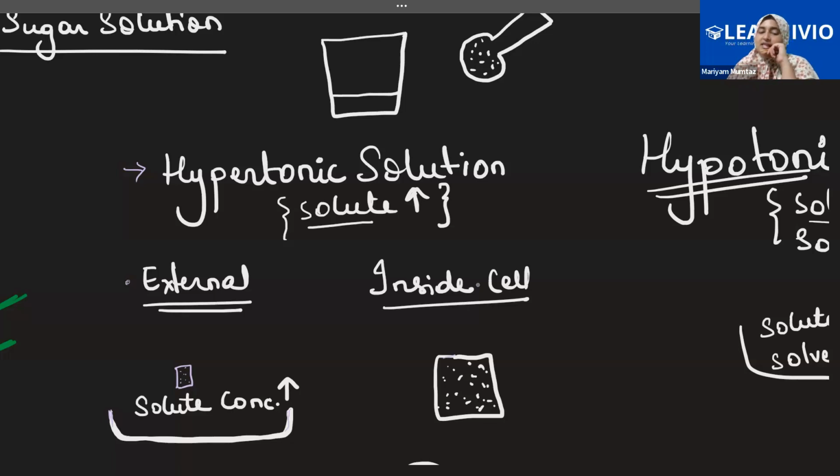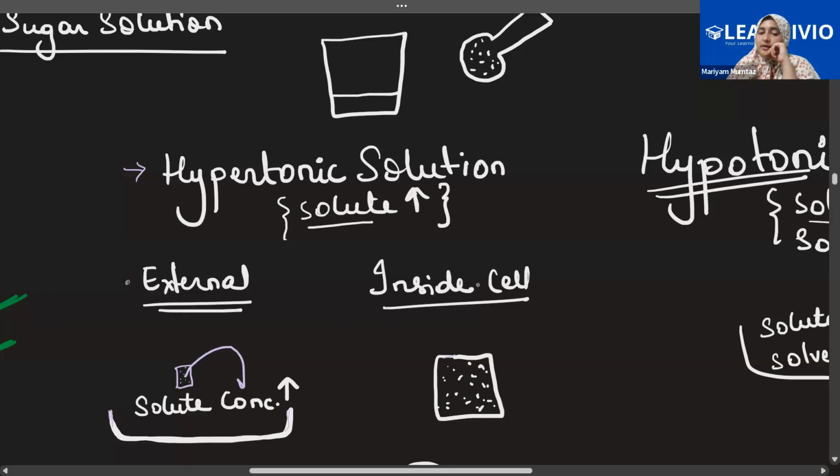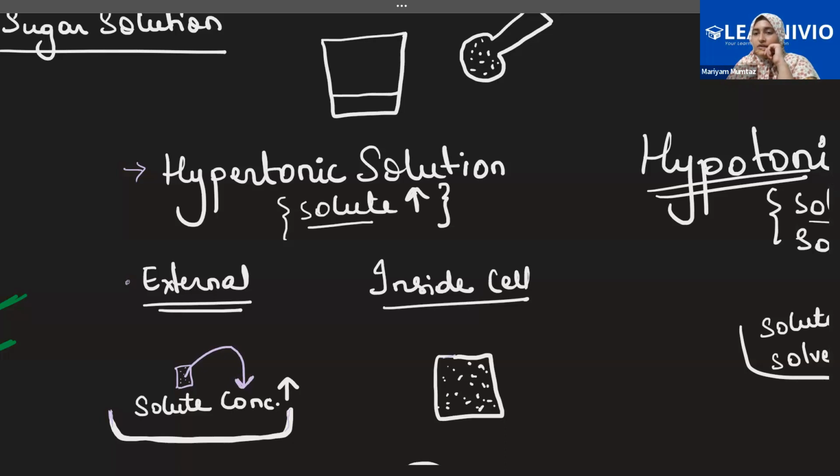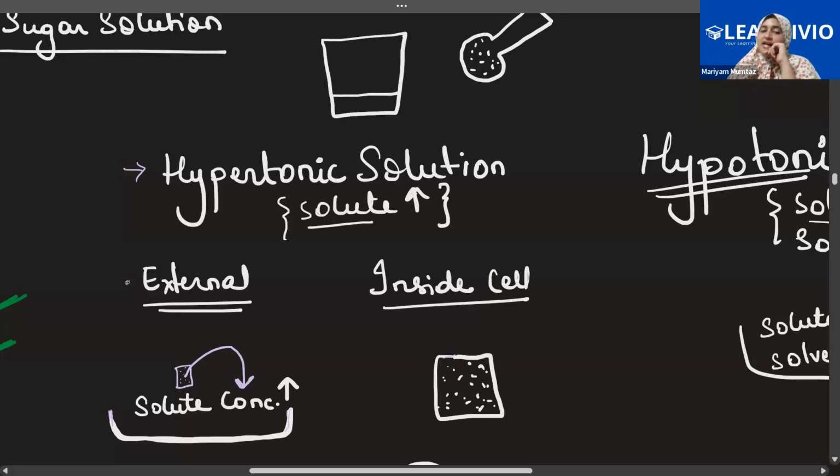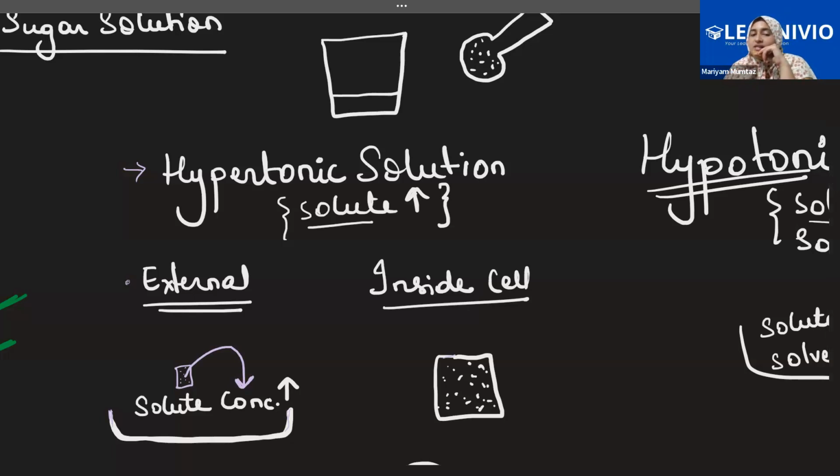Okay, so since the outside area does not have enough water and the cell does, the water from the cell will come out of the cell because of osmosis. Because water moves from a region of its higher concentration to low concentration so that it can be balanced. So if water comes out of the cell, what will happen to the cell? It will shrink.